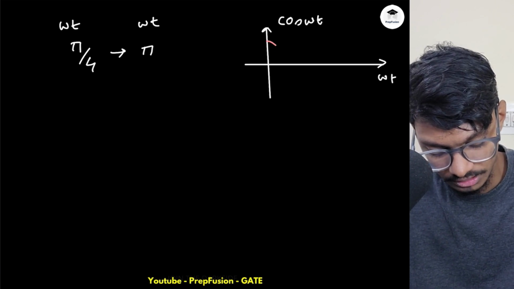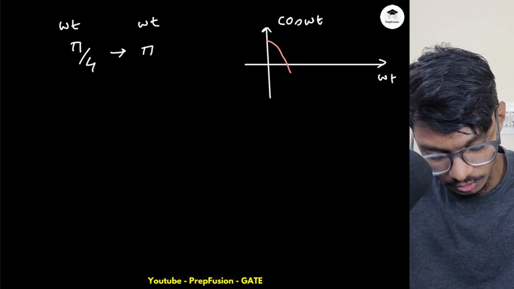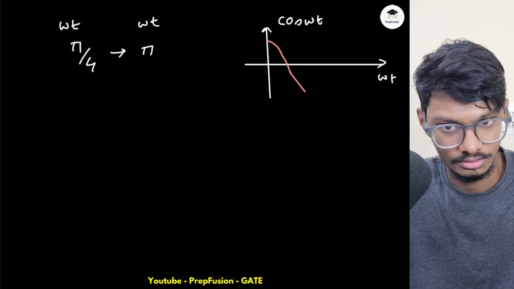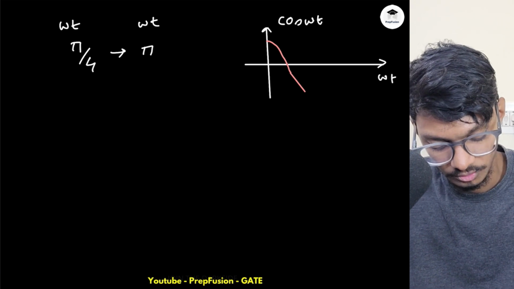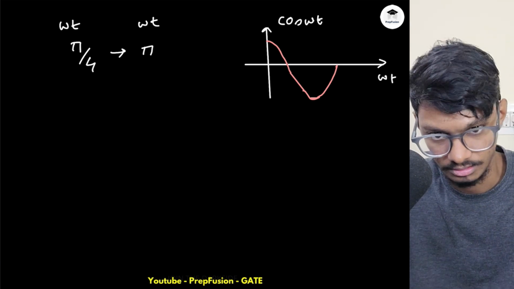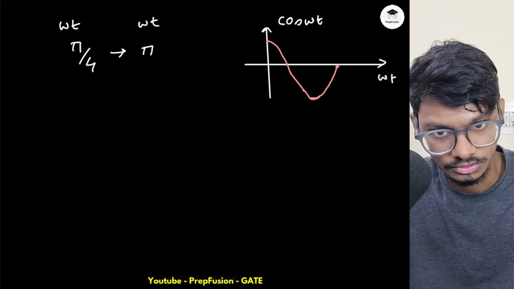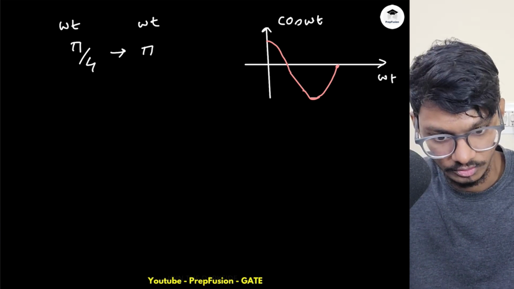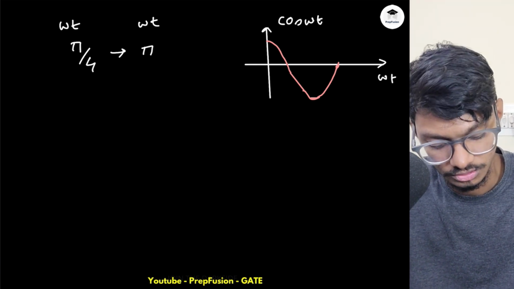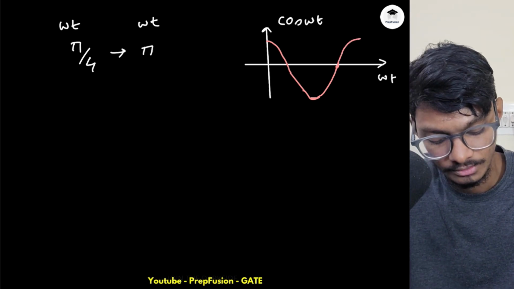So it starts from 1, then it reduces, at pi by 2 it becomes 0, then it goes negative, at 3 pi by 4 it goes to minus 1 by root 2, then at pi it goes to minus 1, then at 5 pi by 4 it goes again to minus 1 by root 2, at 3 pi by 2 it goes to 0 again, and at 2 pi it goes to 1 again.